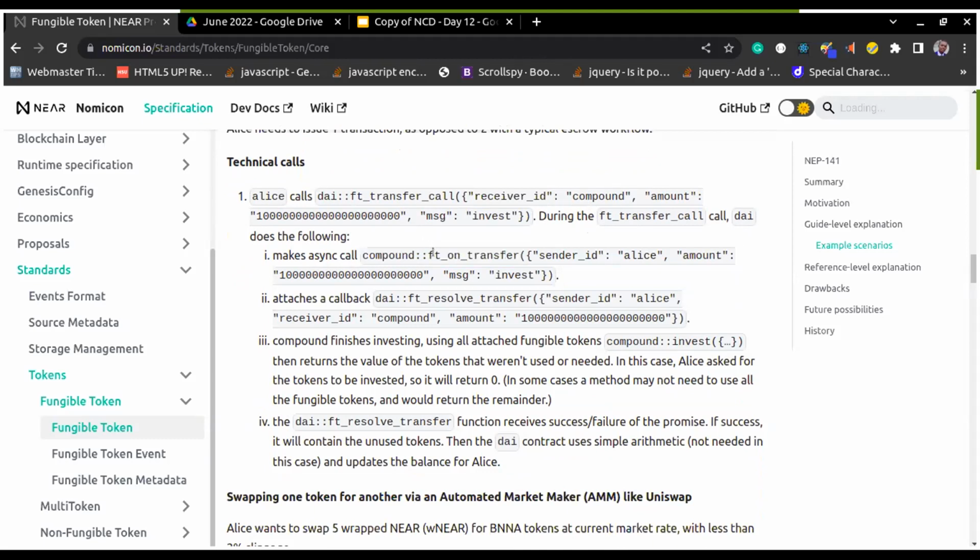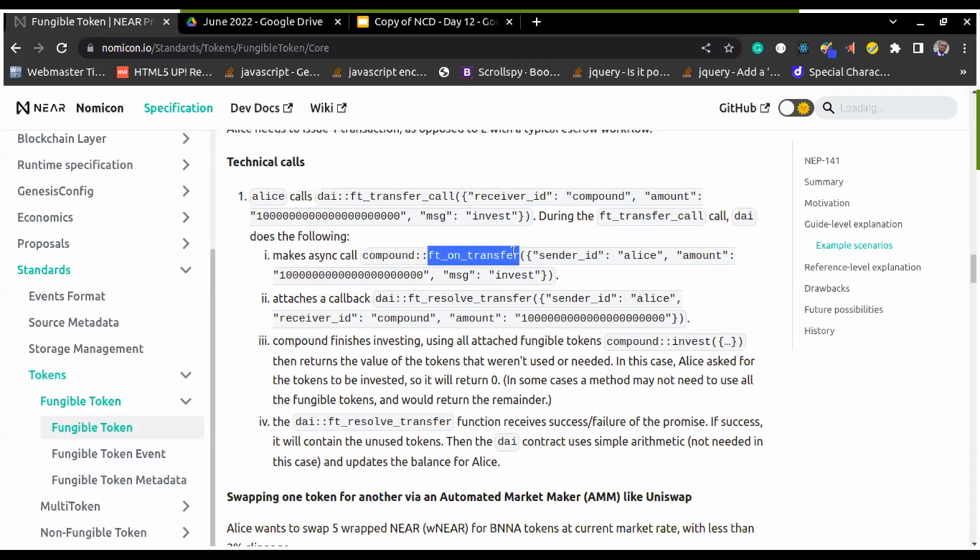So FT on transfer, again, this is a standard, is required that the smart contract deployed at this address implement it, so that while this call is going to be made, the fungible token smart contract, in this case, the DAI smart contract, will invoke a cross-contract call to it.